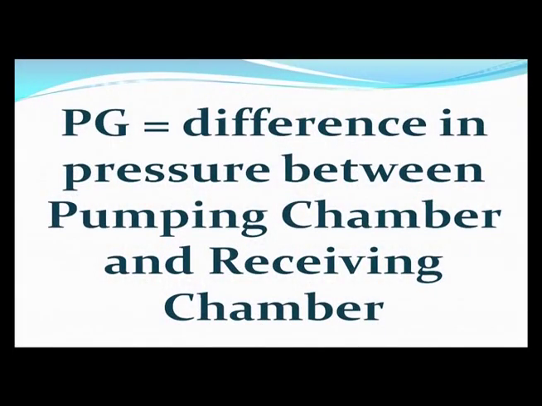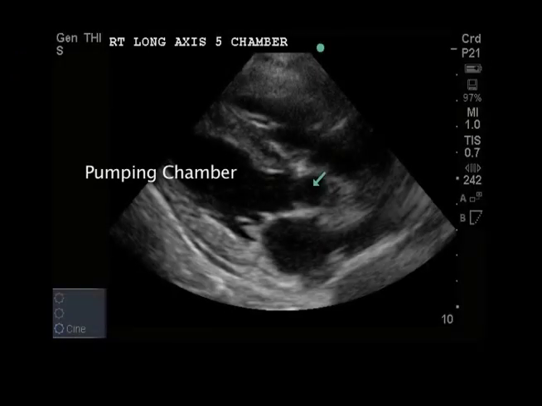A pressure gradient is the difference in pressure between the pumping chamber and the receiving chamber. In this case, the pumping chamber is the left ventricle and the receiving chamber is the aorta.